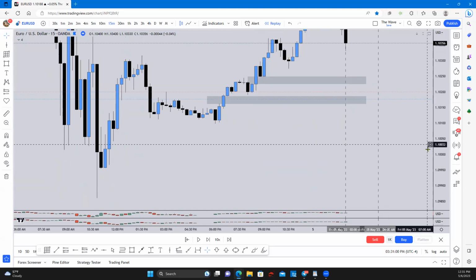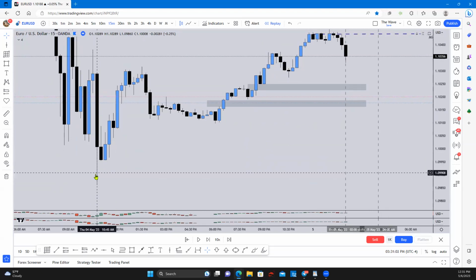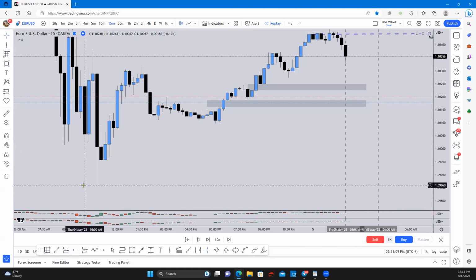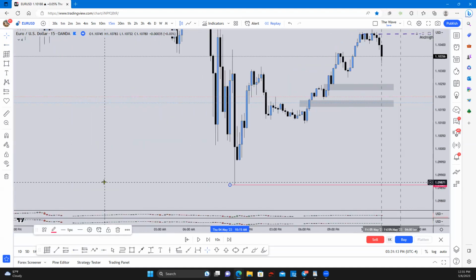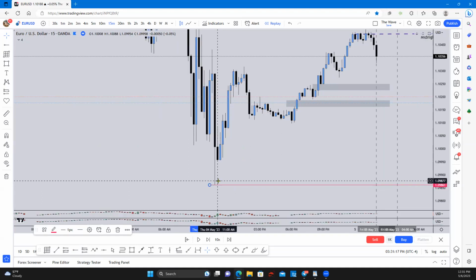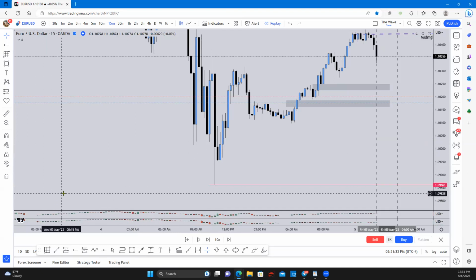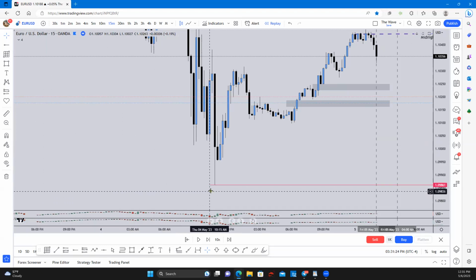And then we have Thursday's low of the day. This would be your external liquidity, since it looks like the previous day's low. You notice it says Thursday, May 4th, so we know that's the previous day's swing low.